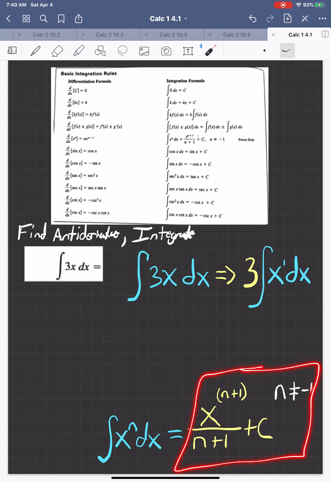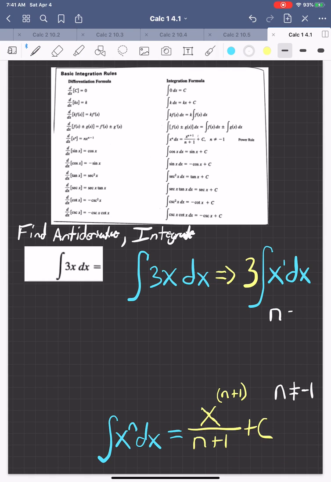So to integrate that, it should be x to the power of n plus 1 over n plus 1 plus c. So let's go ahead. In this case, n is obviously equal to 1. So let's start to apply this formula.